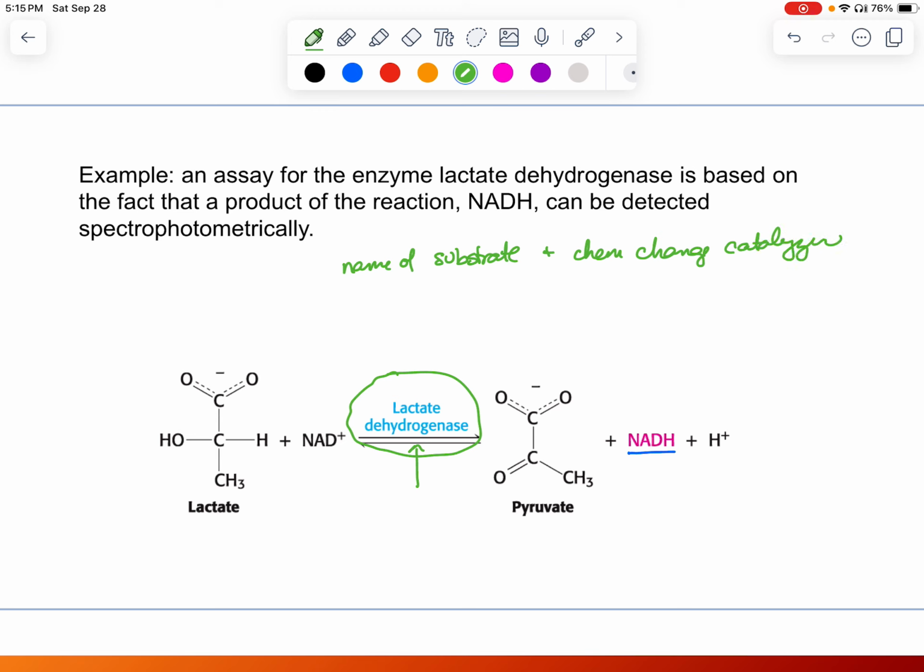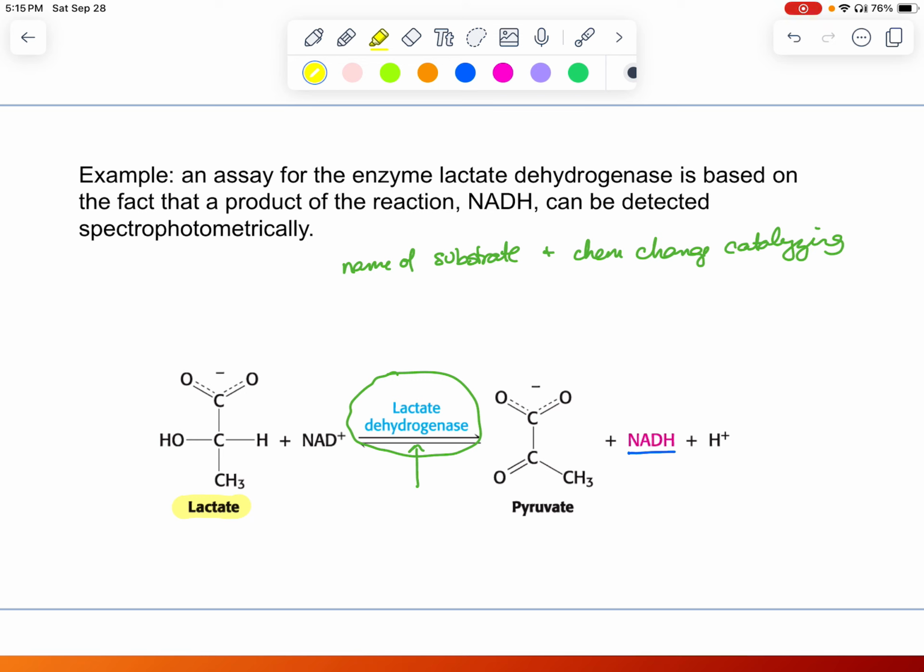If we look at lactate dehydrogenase, we can assume that lactate is one of our substrates, and dehydrogenase describes the chemical change. Remember, this reaction can go in both directions, forward and reverse.